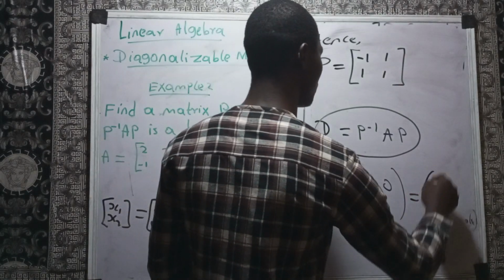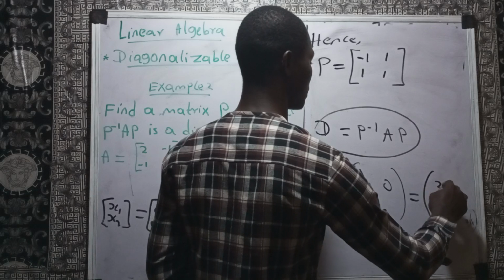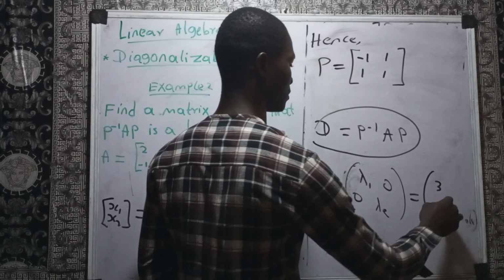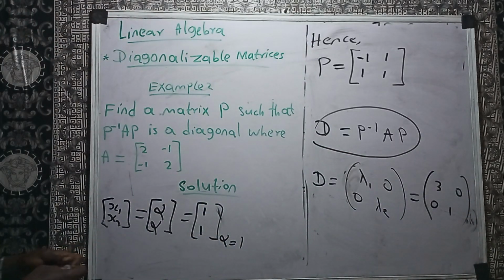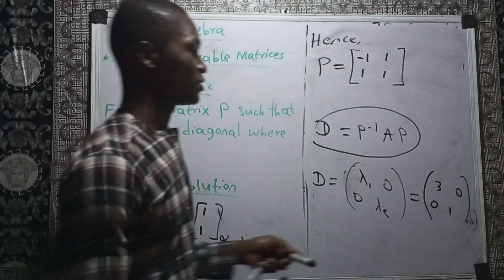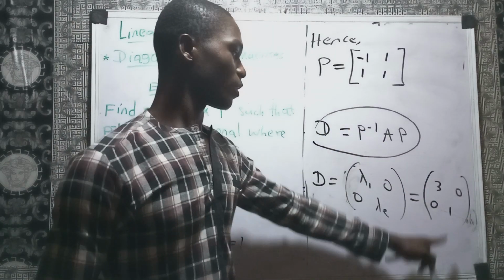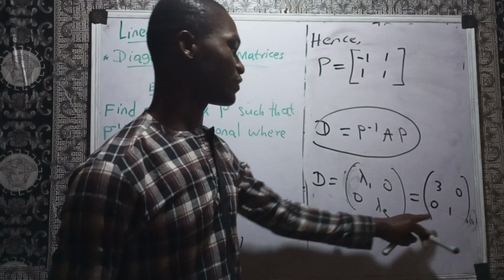So this D is supposed to be in this form. Lambda 1, what was our lambda 1? 3. Lambda 2 was 1, so 0, 0. So you have to verify that P inverse multiplied by A multiplied by P will give you this diagonal.